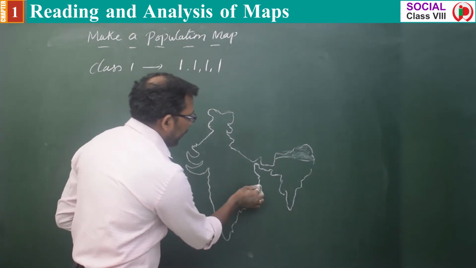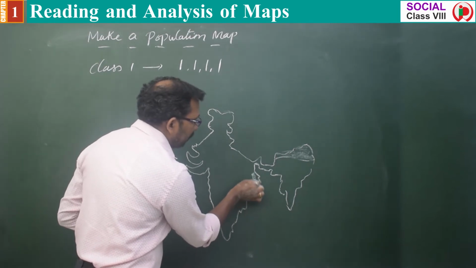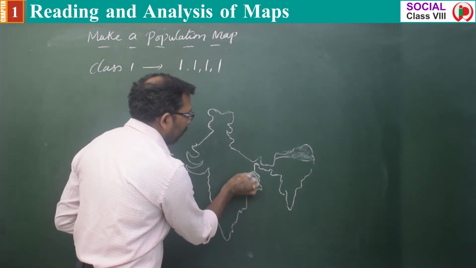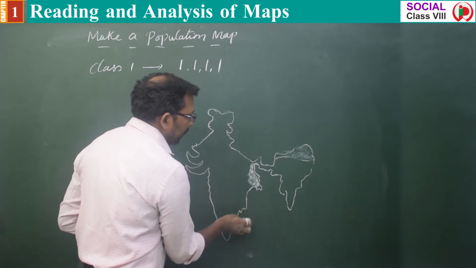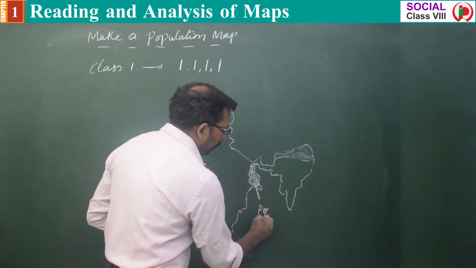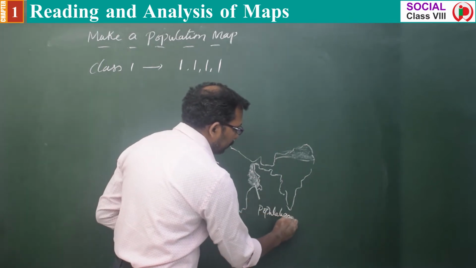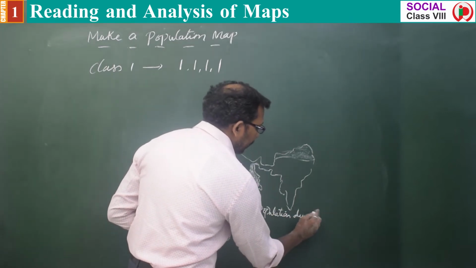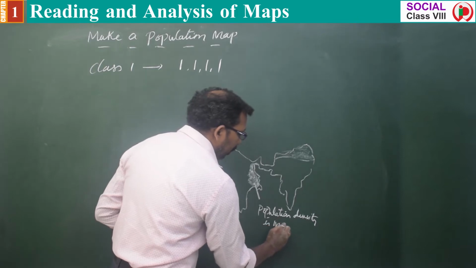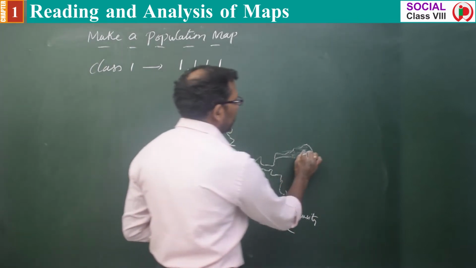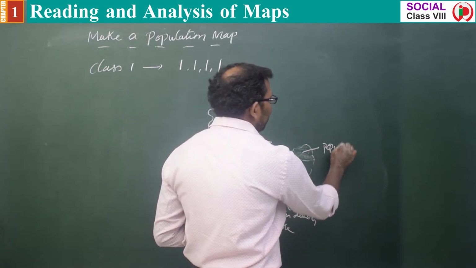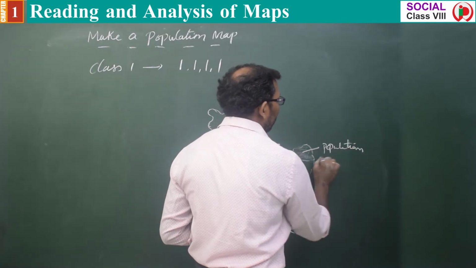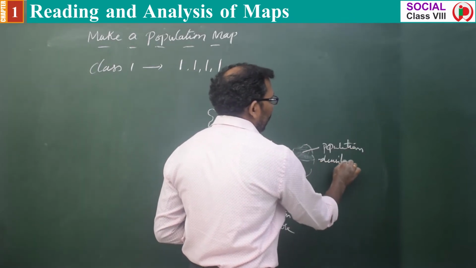And if I shade the place very dark, it means the population density is more. Whereas here, population density is less.